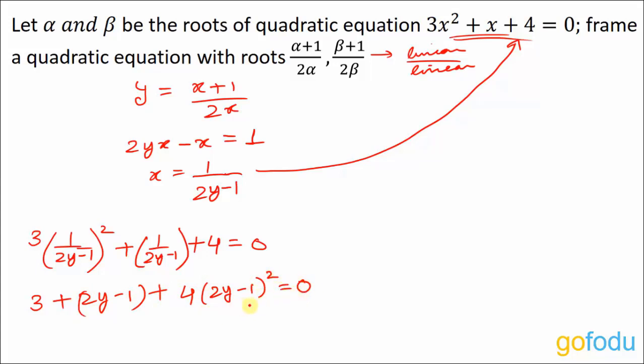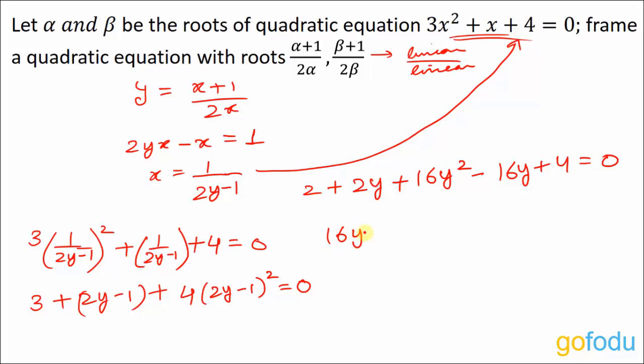And on opening this bracket, I will get 3 minus 1 is 2 plus 2y plus this will be 4y square multiplied by 4 will be 16y square minus 2 into 2 4y multiplied by this 4 will be minus 16y plus 4 is equal to 0, and this will be 16y square minus 14y plus 6 is equal to 0.